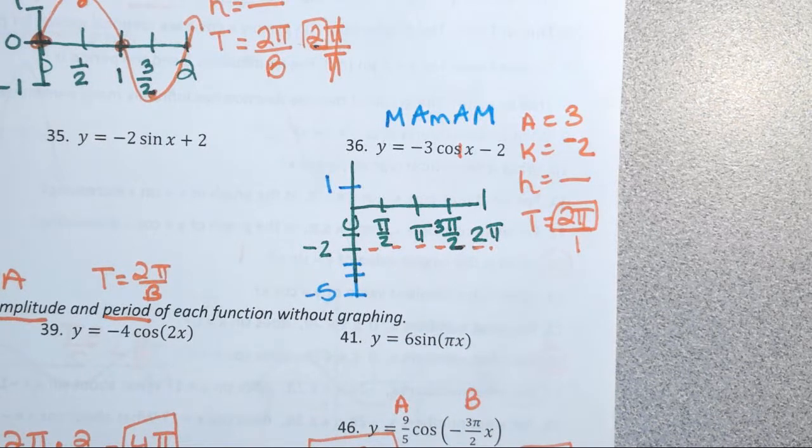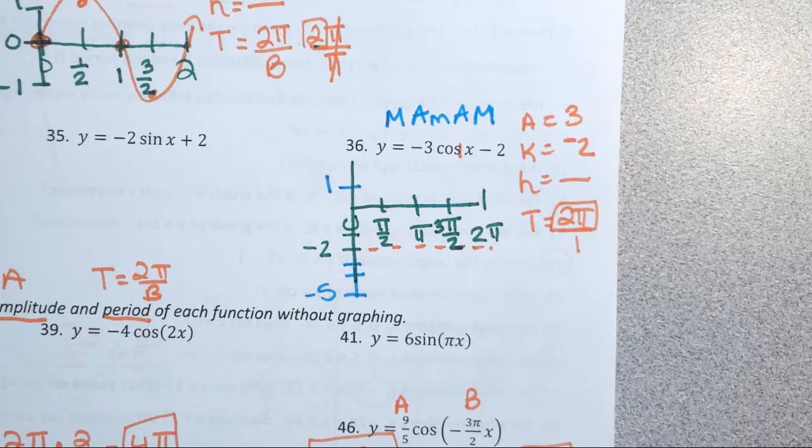This is cosine. Does cosine start at the maximum, the axis, or the minimum? Where does cosine normally start? At the maximum. Okay, but I think I heard someone say minimum. Why did they say minimum? It's a negative.